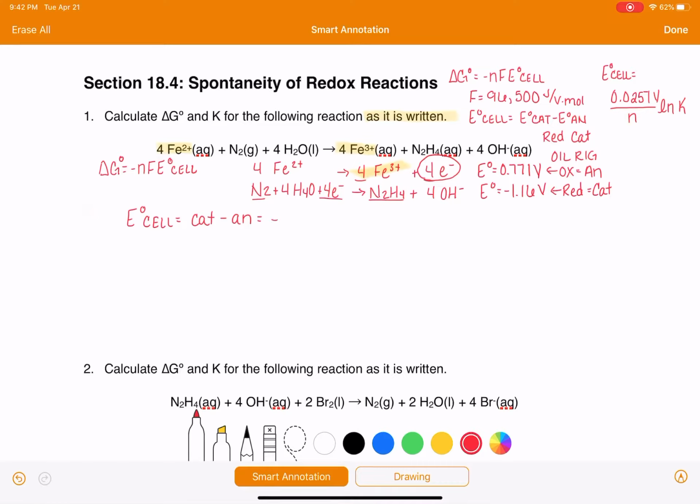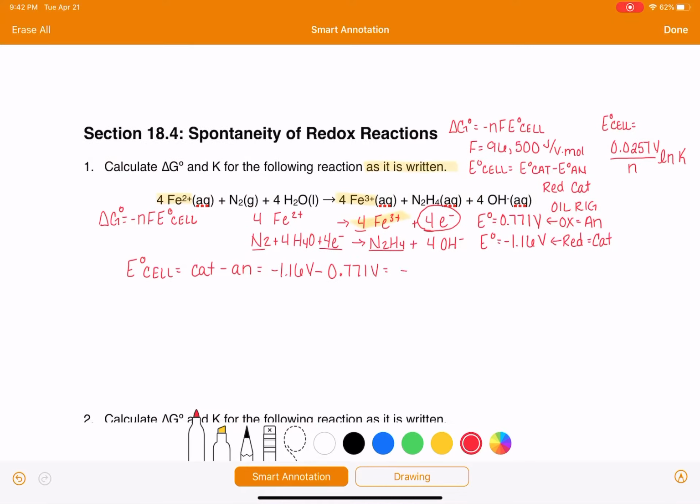So our E cell is negative 1.16 volts minus 0.771 volts. It's a really good thing that we did not assume this reaction was going to be spontaneous, because it is not. Our voltage is negative 1.931 volts.